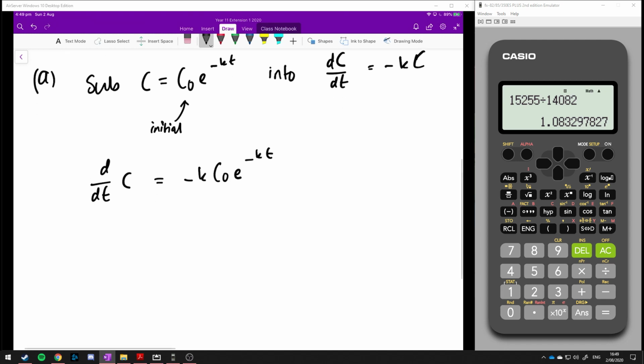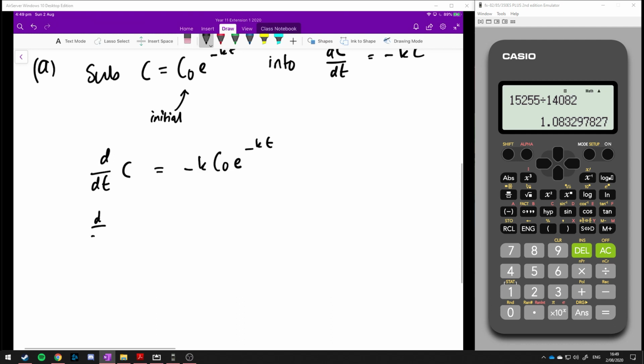This is just a little trick I can do to isolate the C by itself, because on this side we are differentiating C with respect to t. So if our C value is C0 e to the negative kt, d/dt of that is going to be equal to minus k of C0 e to the negative kt.